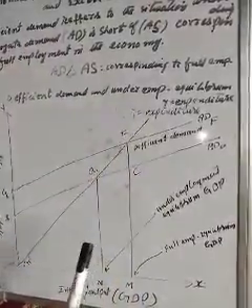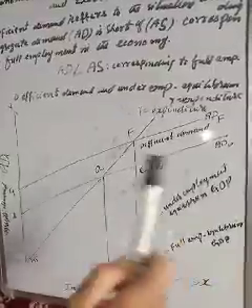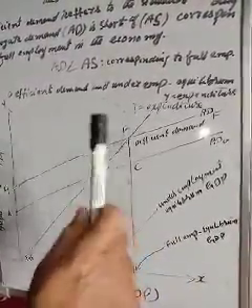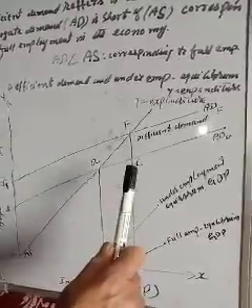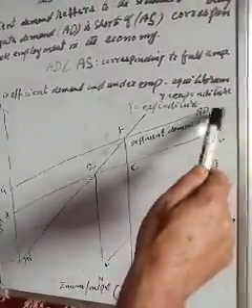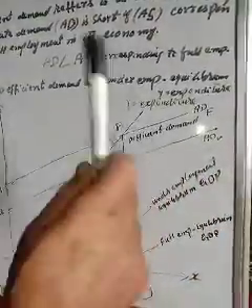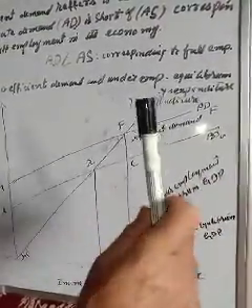Now, dear students, the desired level of aggregate demand for full employment output is indicated by ADF, and ADU indicates the underemployment level of aggregate demand.